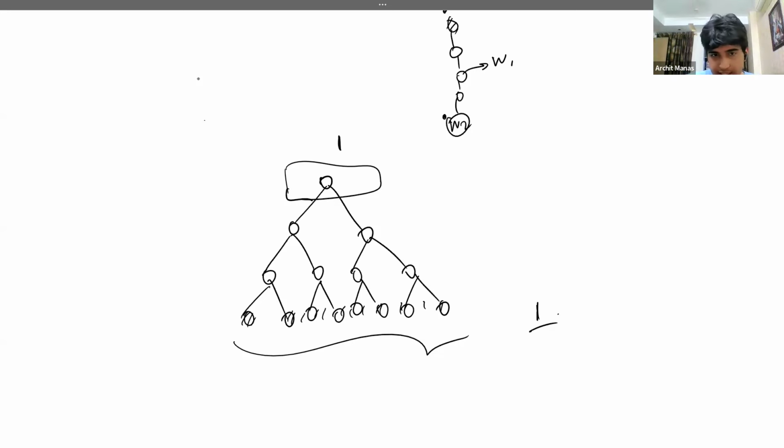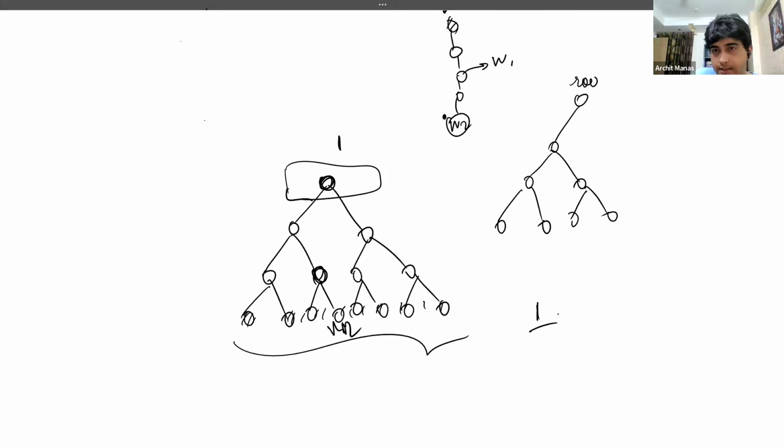Okay, so if no two satisfy this ancestor relationship, that is, none of them lie on the path from this vertex to W2, the important property that you can show is that this is true in general as well for a general tree. So let's say this is the root, and you're looking at 2 vertices. If you think about it, these sets are distinct, right?